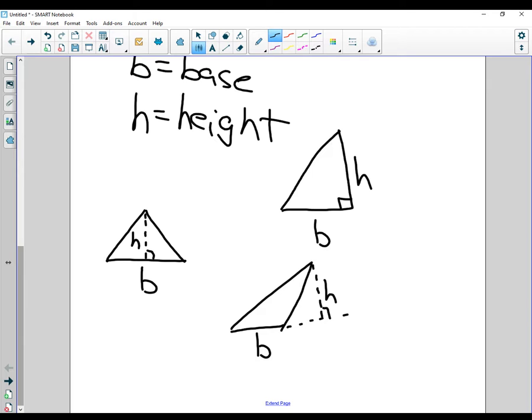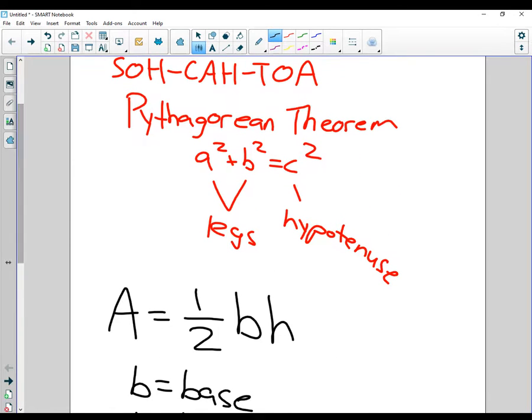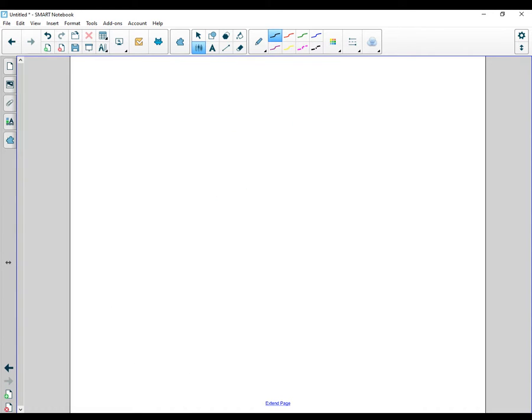Oh, but hey, maybe it doesn't give us a base and height. Maybe we have to find the base and height using one of these two guys. So let's go over an example. I'm just going to make it up on the spot.